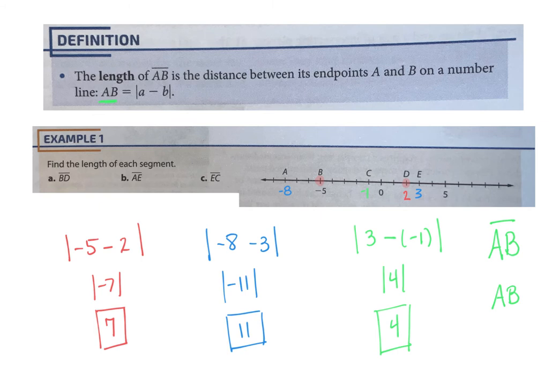So AB without a notation above it is actually talking about a measure. It's talking about a number, all right? While the notation above it means you're talking about the physical line segment itself, not the length of it. All right, so that's why you'll notice in the formula up here, they do not have the line segment notation above when they are talking about the length of the line segment.